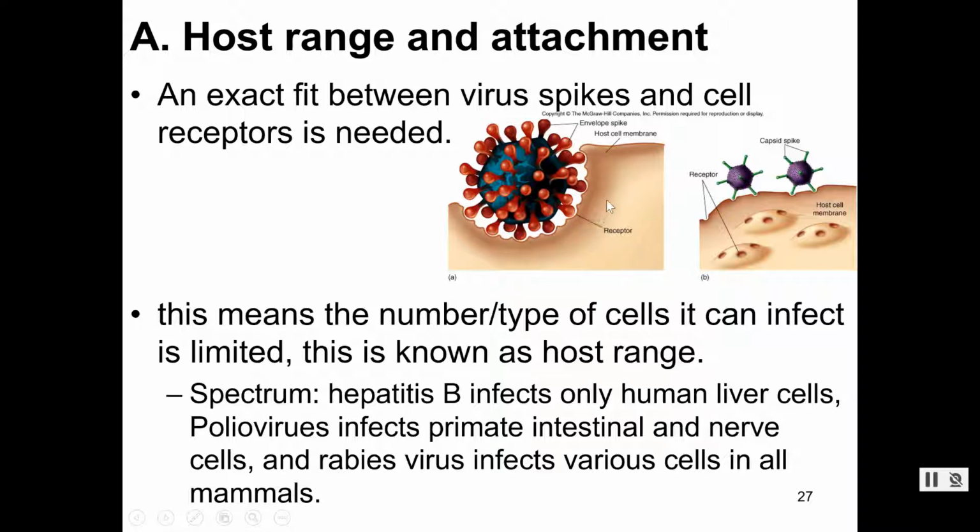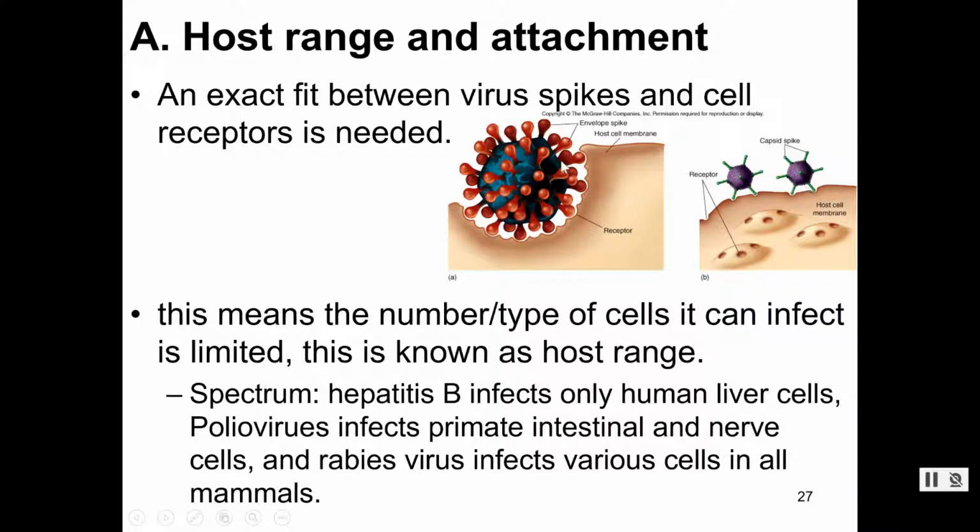Remember, it's just a protein that a cell is using that the virus has been able to attach to and use as a way to get in. So an exact fit between glycoproteins or spikes and proteins on the cell surface, or receptors, is needed. That's how it gets in.